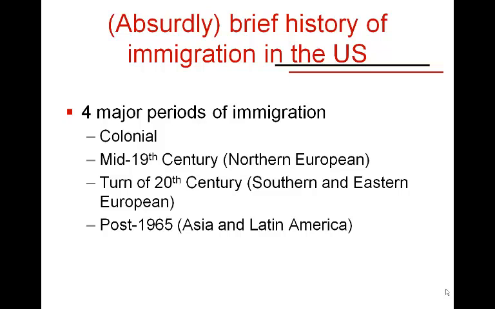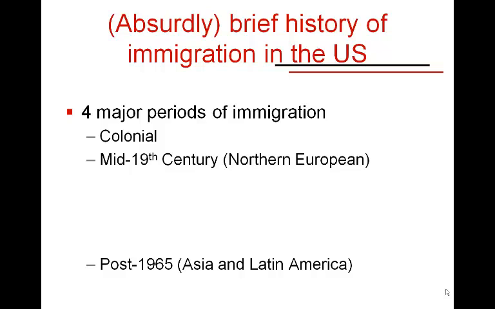America. And what is pivotal in this history is a couple of specific legislative acts related to the change between the mid-19th century and the turn of the 20th century in the composition of immigrant streams from Europe.